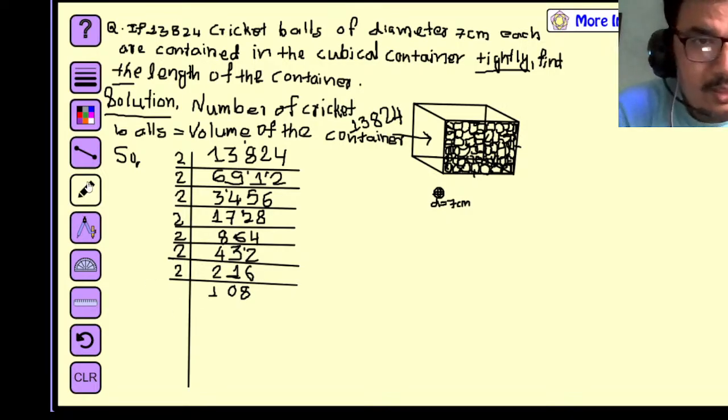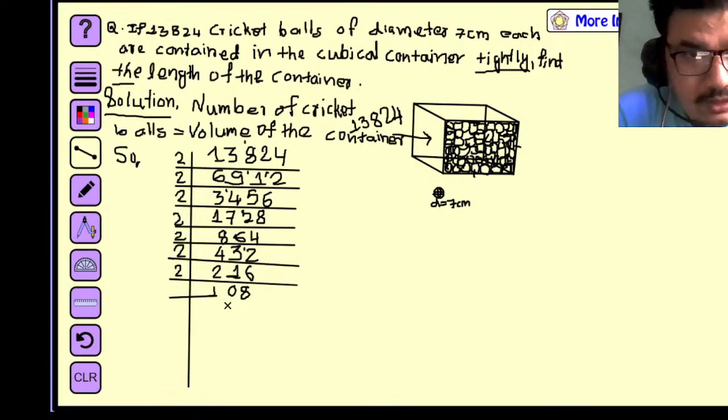Okay, then again let's draw the line here and write a 2 here. 2 5s are 10, and 2 4s are 8.